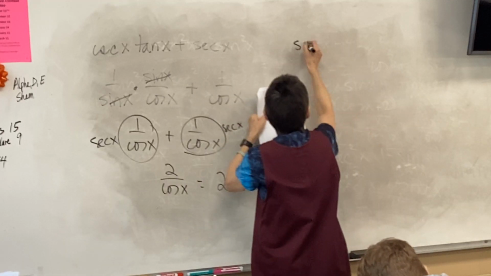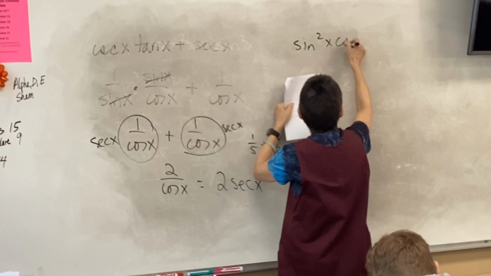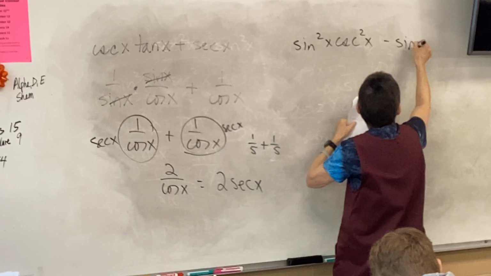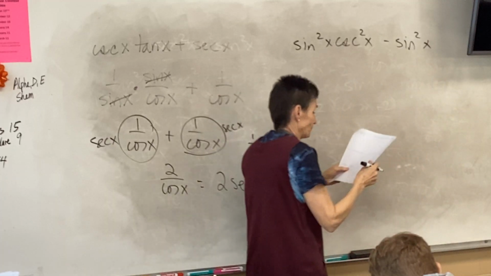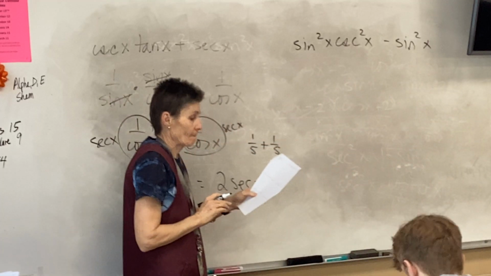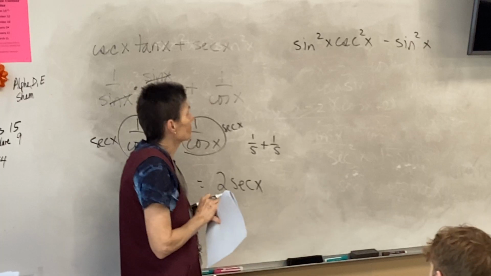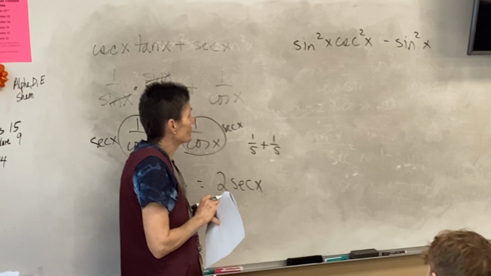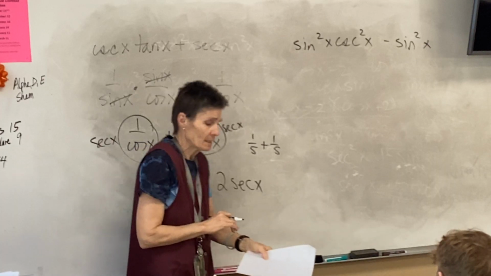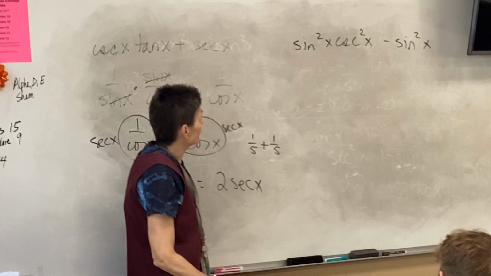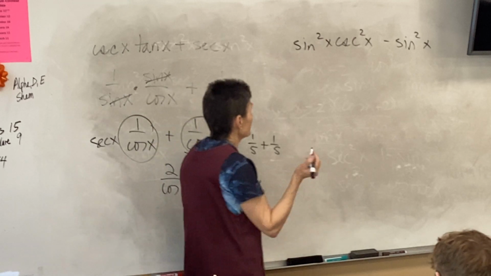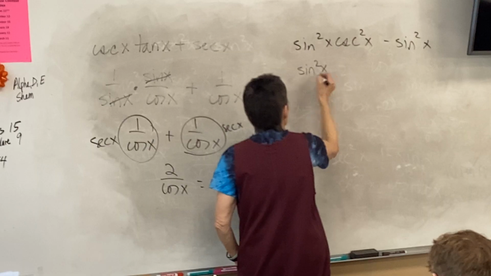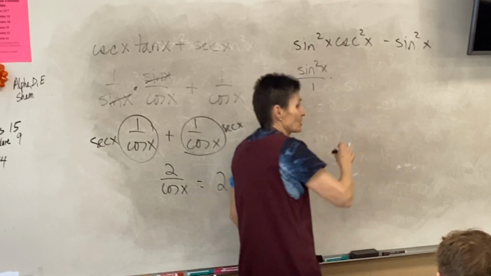All right, so we have sine squared, secant squared, minus sine squared. Well, there's always more than one way to do this, but something just occurred to me. What is cosecant squared?